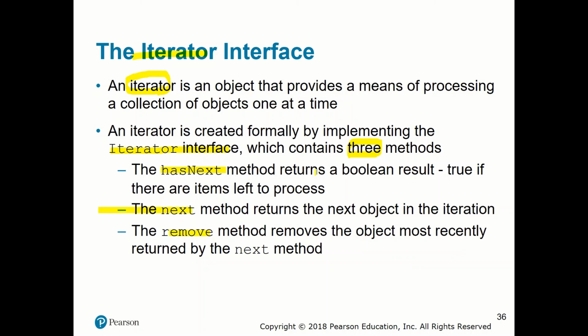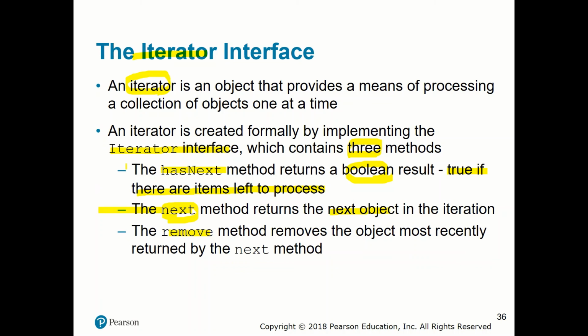The hasNext method returns a Boolean result, true, if there are items left to process. The next method returns the next object in the iteration. The remove method removes the object most recently returned by the next method.